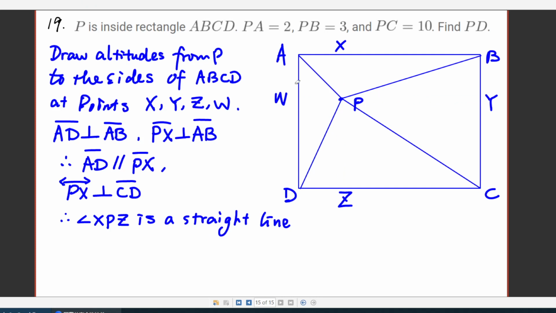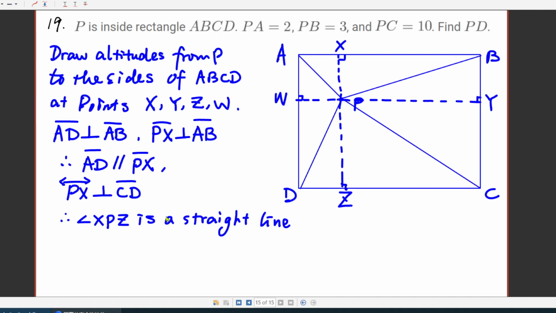Yeah, because when we draw the auxiliary lines, we draw it like this. PX is perpendicular to AB, PY is perpendicular to BC, PZ is perpendicular to CD, and PW is perpendicular to AD. We haven't proved that XPZ is actually collinear and PWY is actually collinear, right?